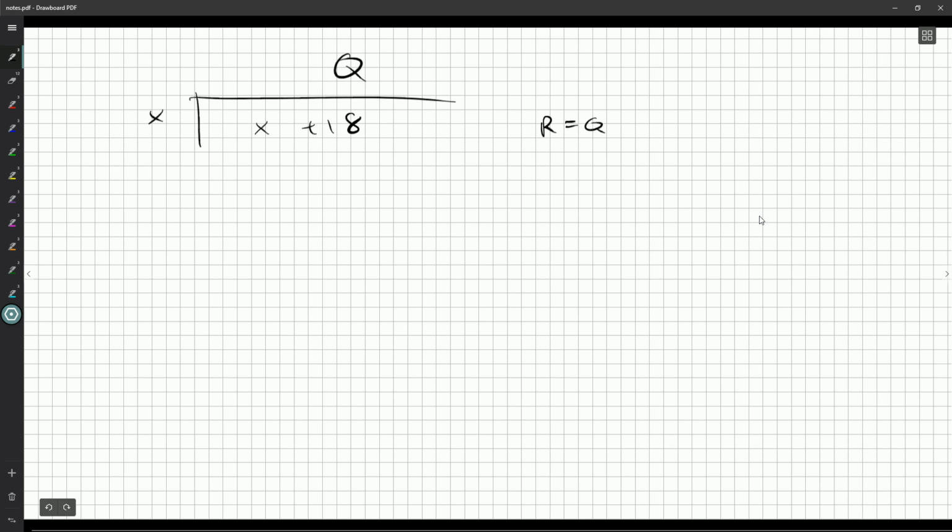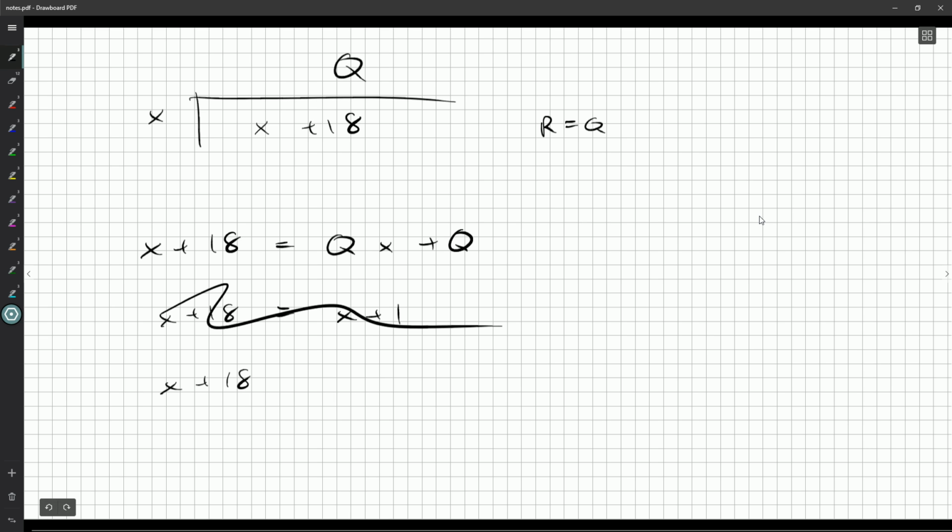Now, another way you could have approached the question, just while we're thinking about things, you could have said, okay, x plus 18, x here, and you get q, you get a remainder of q as well. You could have started guessing and saying, okay, x plus 18 is qx plus q, and then you could have said, well, could q be 1? So you'd need x plus 18 is x plus 1. No way that's happening. How about 2? Okay?